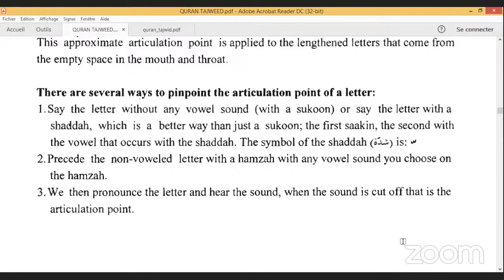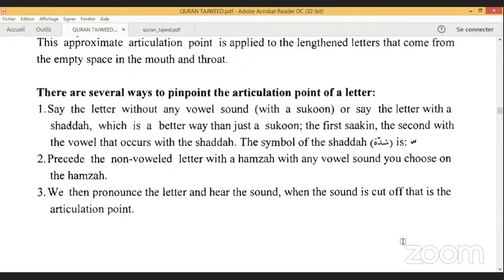So pronounce the sound without any vowel with the preceding hamza, and when you pronounce the letter and hear the sound, when the sound is cut off, that is the articulation point. For example, aqo, aqo, when the sound cuts off.